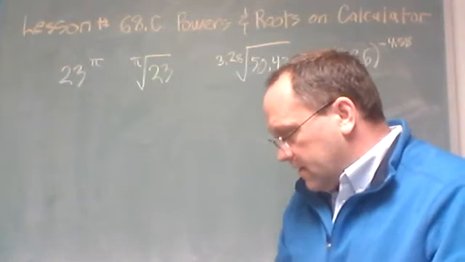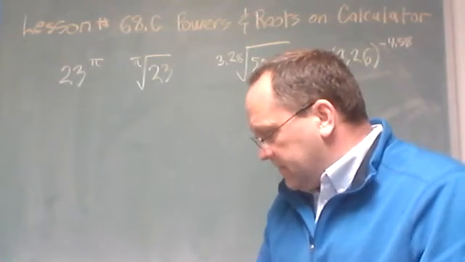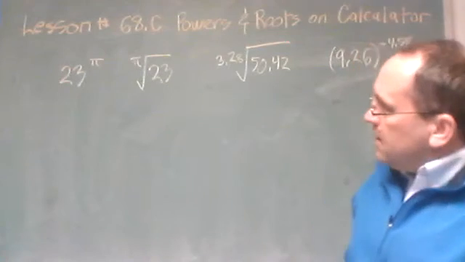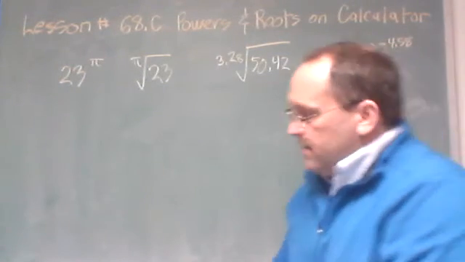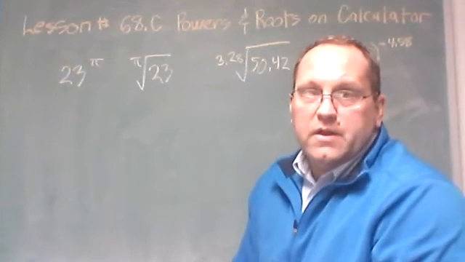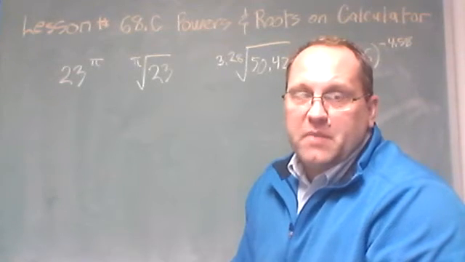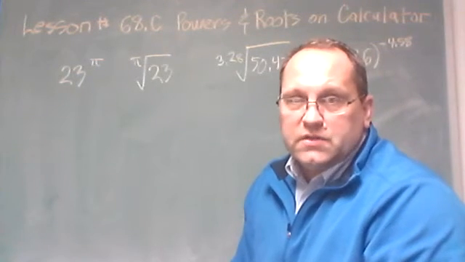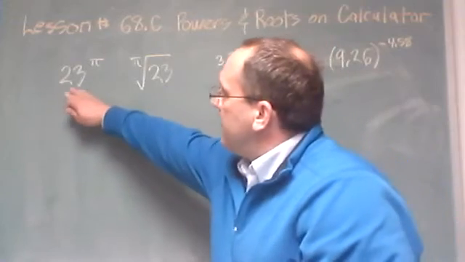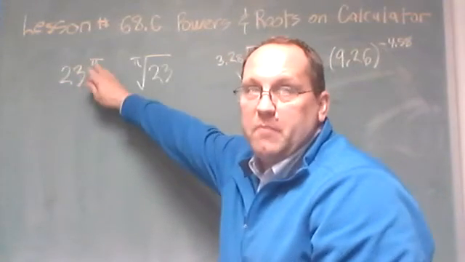In their lead up to some examples, they gave some examples of what we might have to do, some weird raising of powers or roots of numbers. For example, we might want to raise 23 to the power of pi.